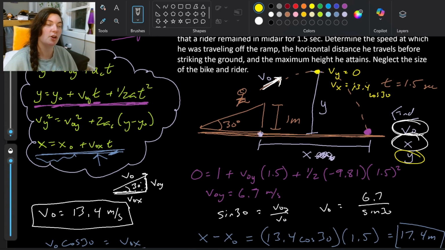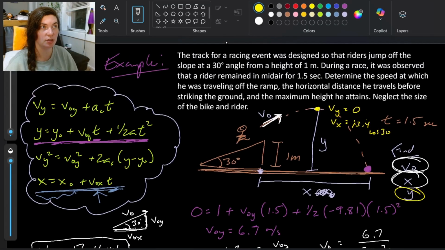More importantly, we know that Vy is 0 when we want to calculate this velocity to get our maximum height. So looking again at all of our handy-dandy equations on the left side, is there one that's more useful than the others to get us our height?